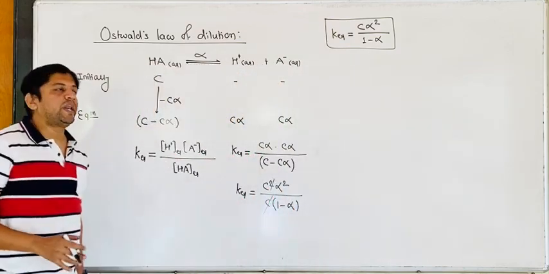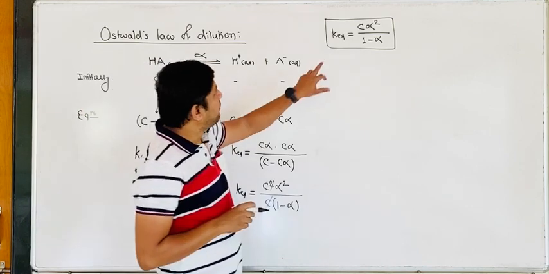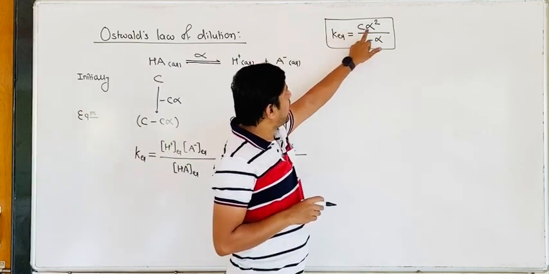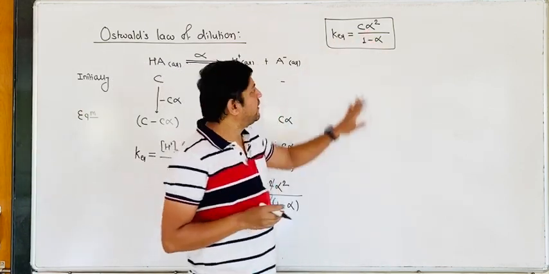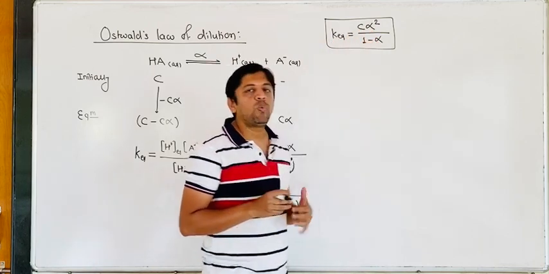For this stoichiometry 1:1:1, the relationship between equilibrium constant K and degree of dissociation alpha is K equilibrium is equal to C into alpha square divided by 1 minus alpha.